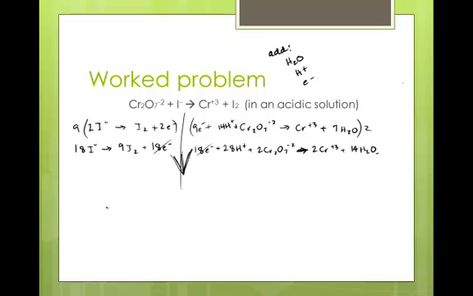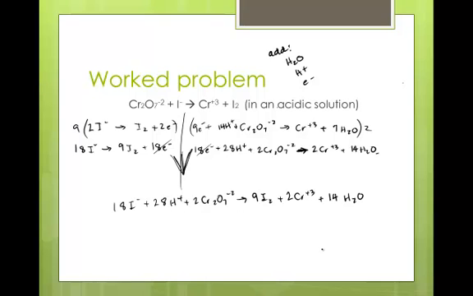Therefore, combining them again, I have 18 I negatives plus 28 H pluses plus 2 Cr2O7 negative 2 yields 9 I2 plus 2 Cr plus 3 plus 14 waters.